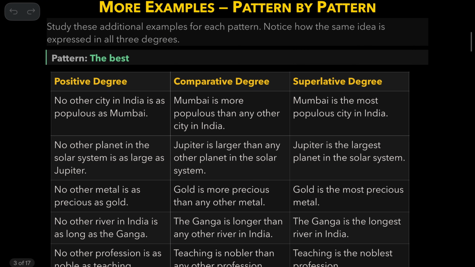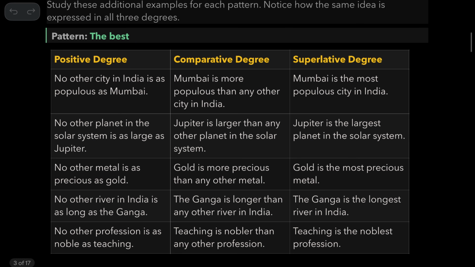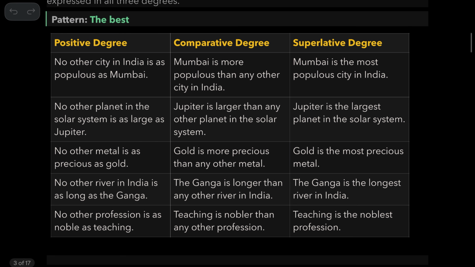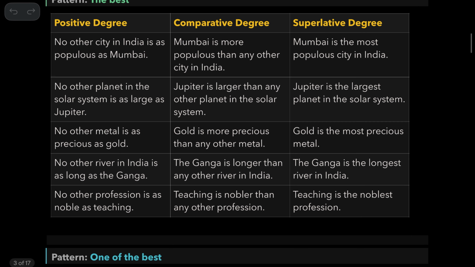Okay, now let us take a look at this pattern, the best pattern. The more examples you see, the easier it is to understand the pattern of the sentences. No other city in India is as populous as Mumbai. So you are actually referring to unique things or people. Look at the similarities.